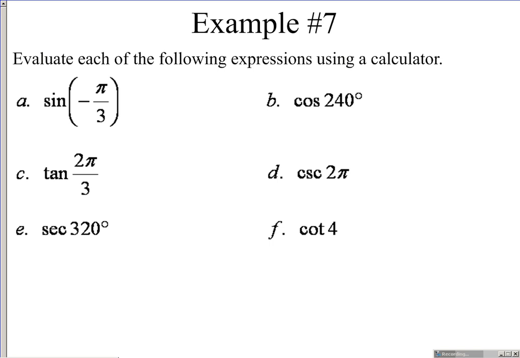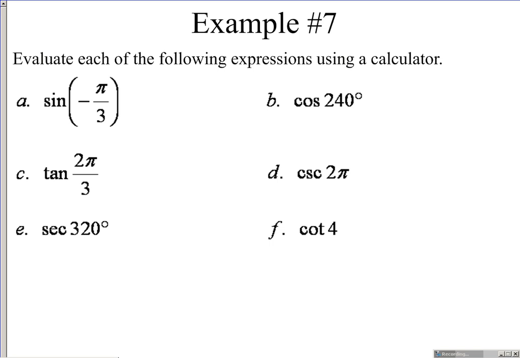First of all, how many of these are degree measures? How many are radians? The only ones that are degree measures are letters B and E. Second common mistake, besides being in the incorrect mode, is for these last 3: cosecant, secant, and cotangent. There is no cosecant, secant, or cotangent button on your calculator. You have to use your reciprocal identities and plug them in as such.